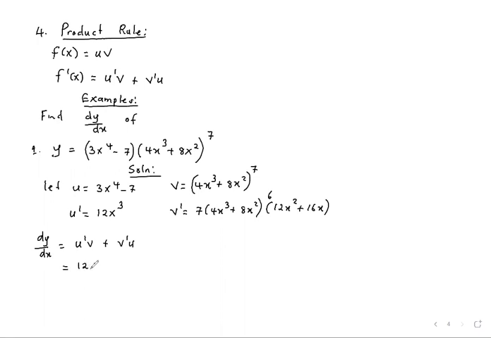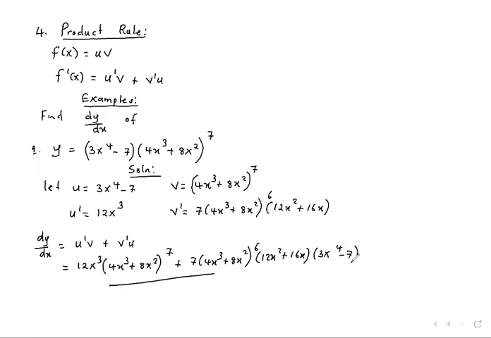U prime is 12x^3, v is (4x^3 + 8x^2)^7, plus v prime, 7(4x^3 + 8x^2)^6 multiplied by (12x^2 + 16x). That is v prime multiplied by u, and u is 3x^4 - 7. So this is our solution.